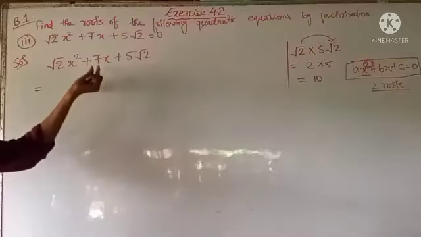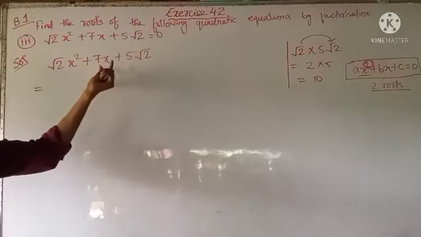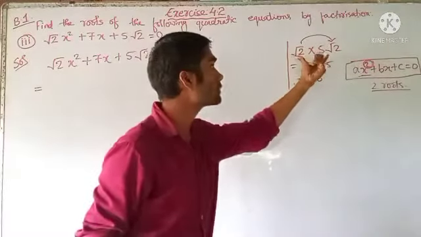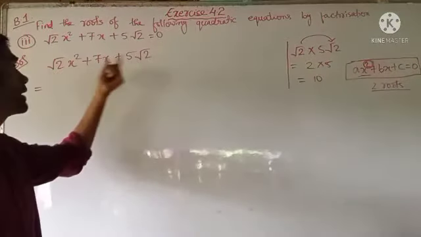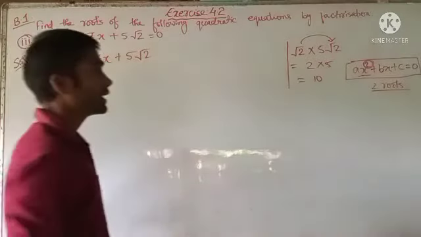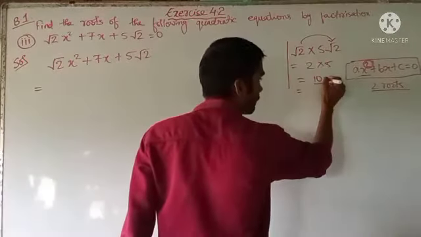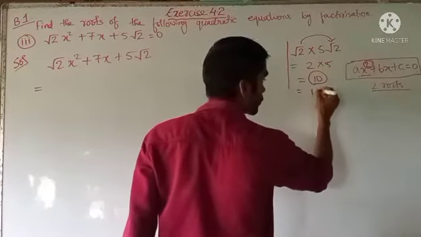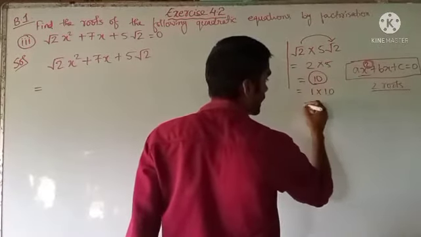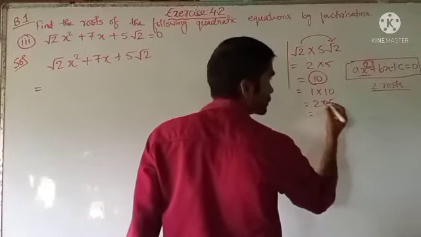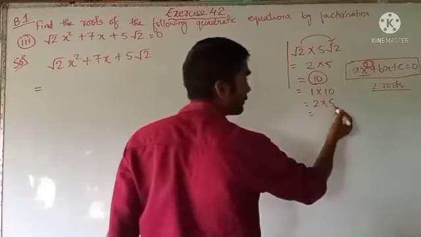Now this middle term, that is 7x, we have to obtain from this 10, the product of the coefficient of x square and the constant term, by adding or by subtracting. So we will find the factors of 10: 1 into 10 gives 10, again 2 into 5 gives 10, 3 is not possible, 4 not possible, 5 we already got.